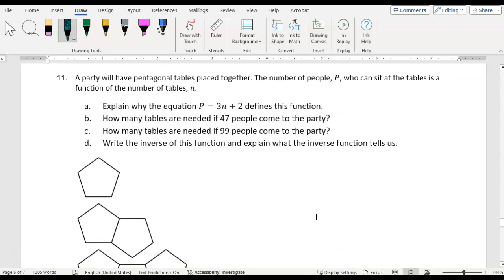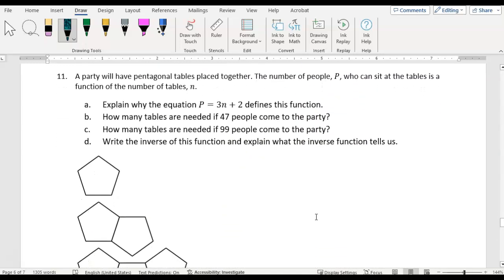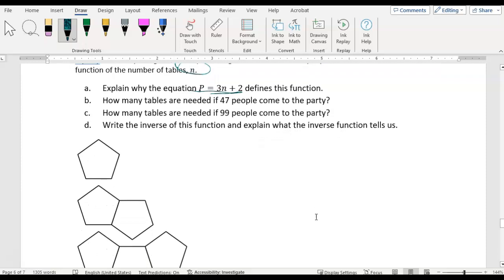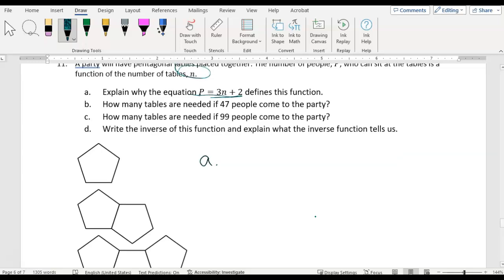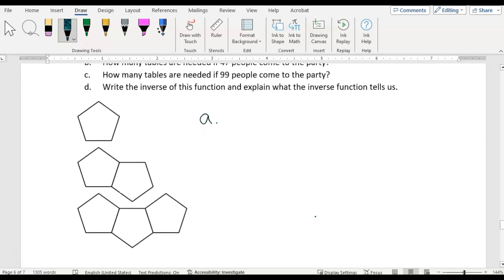All right, number 11, a party will have pentagonal tables placed together. The number of people P who can sit at the tables is a function of the number of tables N. So this is the function. It says explain why. So A is because we have 3 times the number of tables plus 2. So let's see where we see this here.